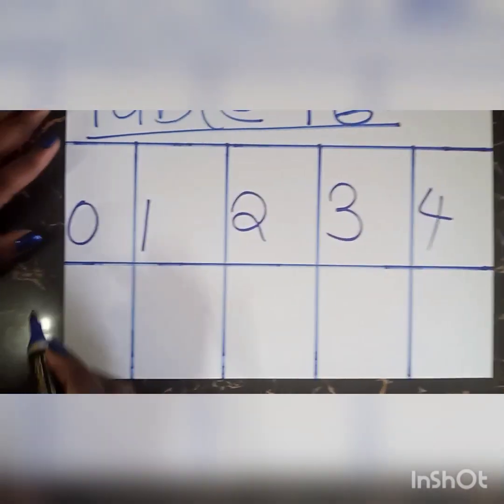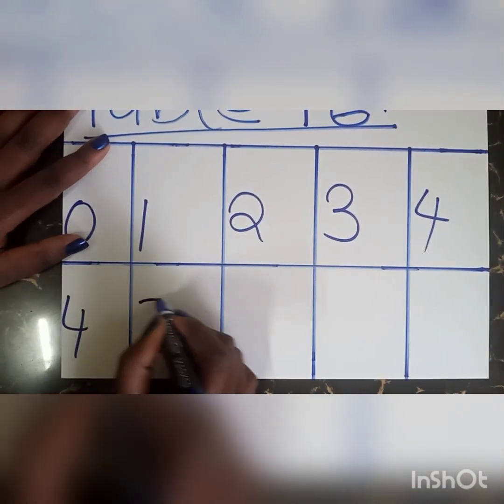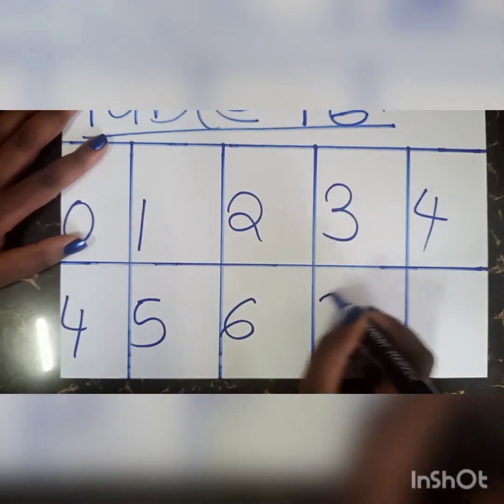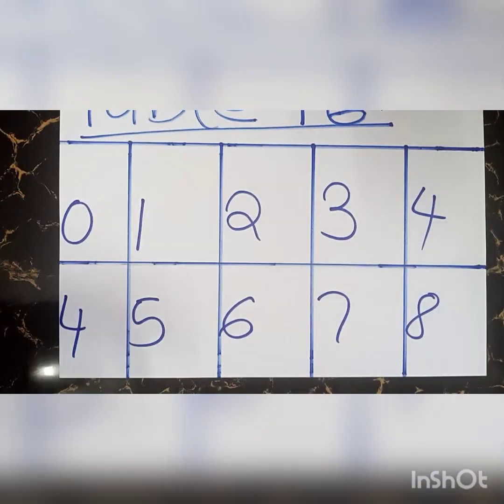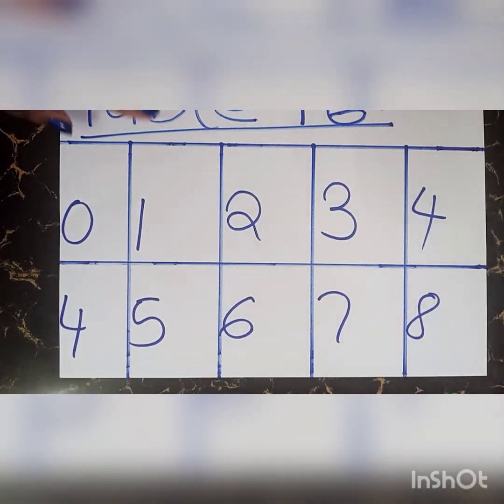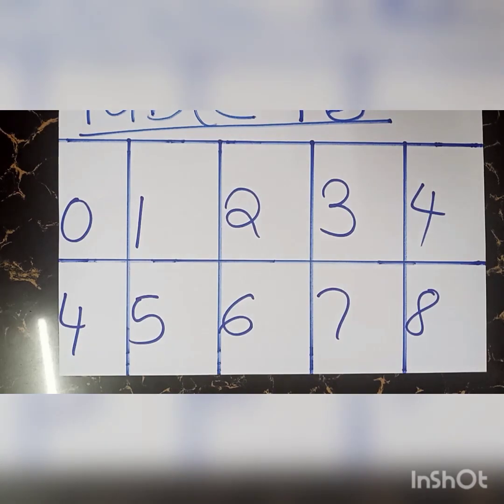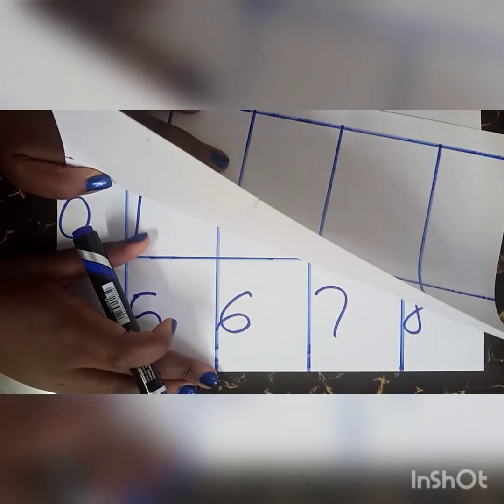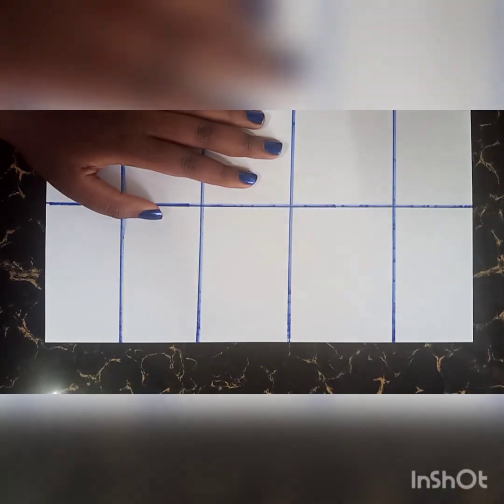So we'll continue: 4, 5, 6, 7, and 8. Now remember that you drew 2 tables, and the second table is just a continuation of the first table.